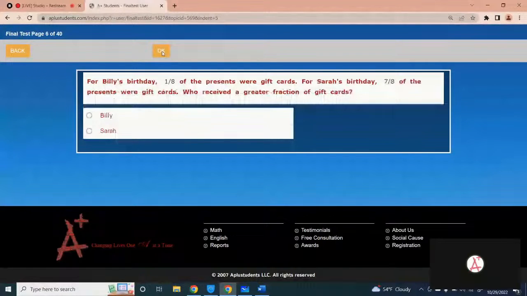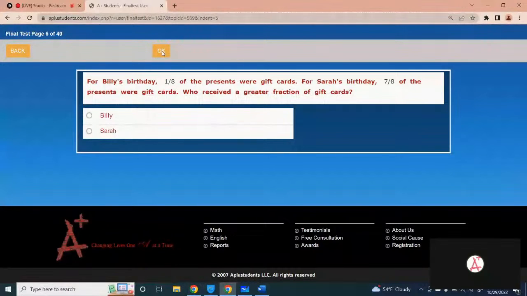Okay, for Billy's birthday, 1/8 of the presents were gift cards. For Sarah's birthday, 7/8 of the presents were gift cards. Who received a greater fraction of the gift cards? 1 by 8 and 7 by 8.